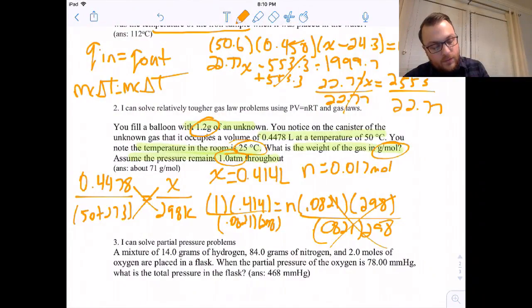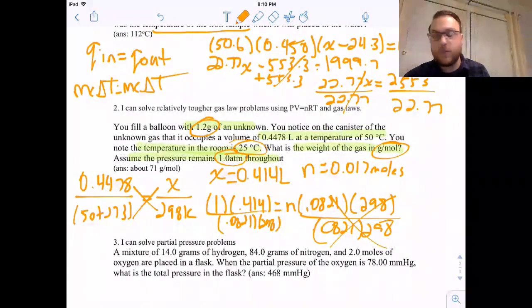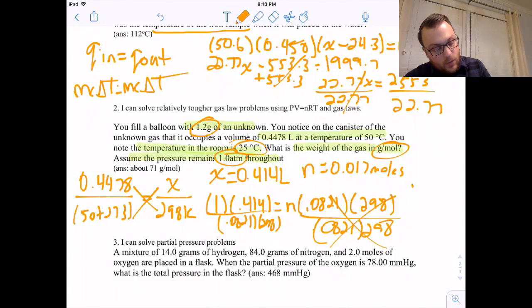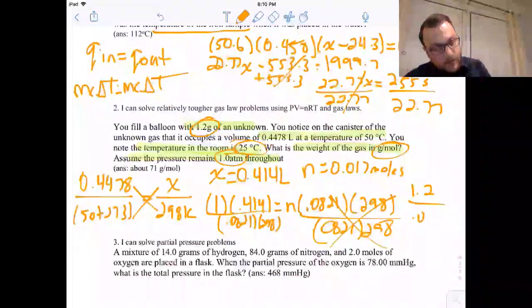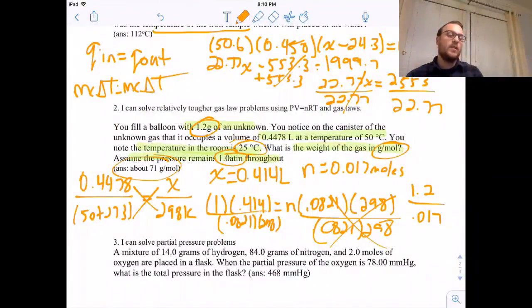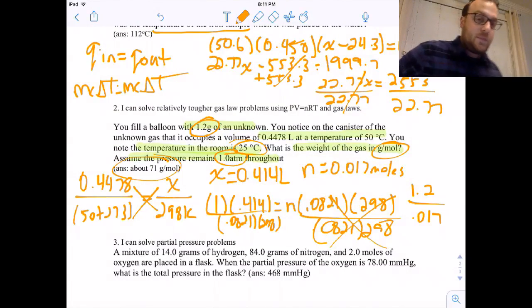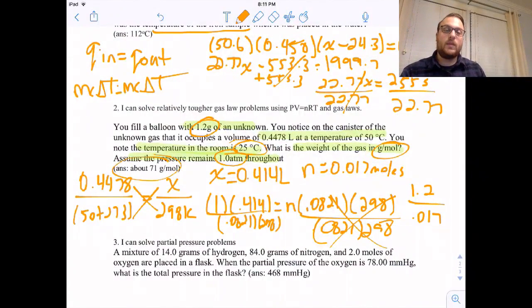Our final answer needs to be in grams over moles. So take 1.2 and divide it by 0.017, and you'll get your answer here of about 71. You might get around 70, depending on how you round. So, you initially read this problem. You didn't know the volume. You knew the volume the gas was in the container, or the canister, but you didn't know the volume of the gas in the balloon, because you don't know how big the balloon is once you pump the gas in.